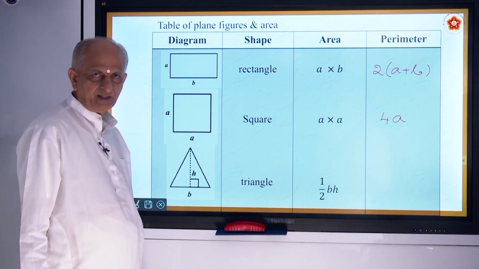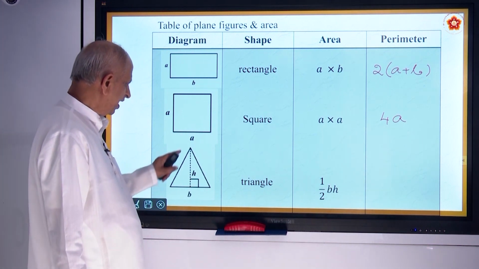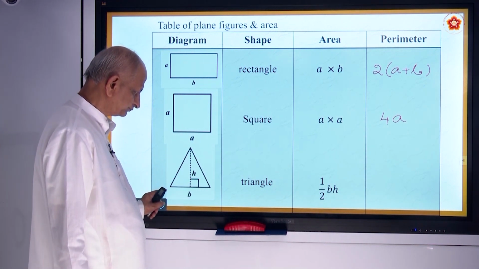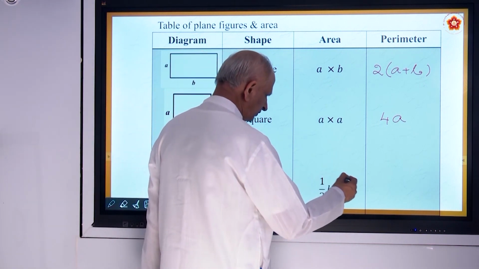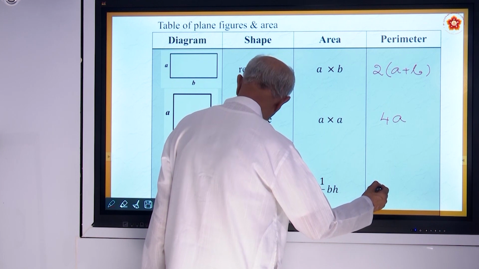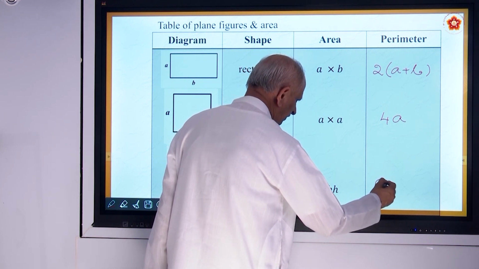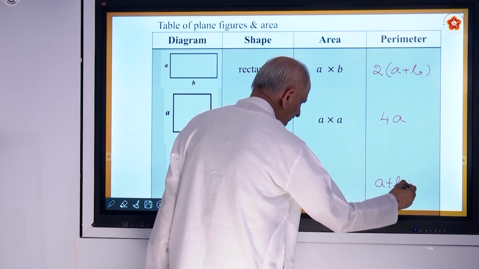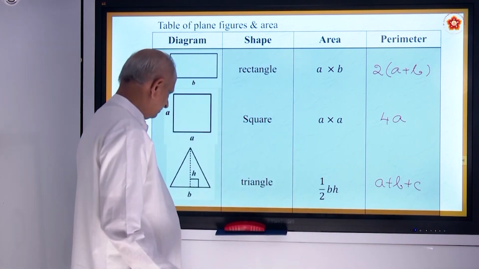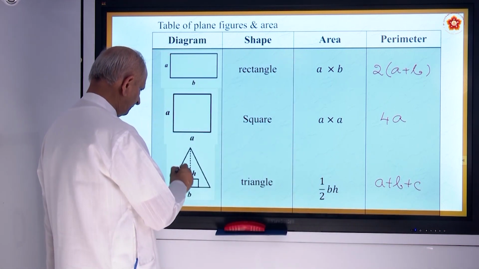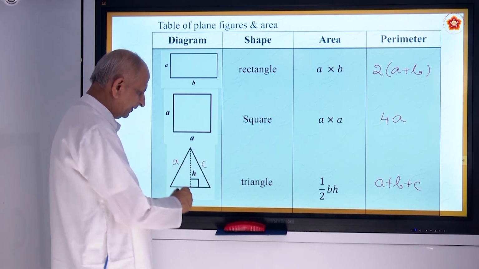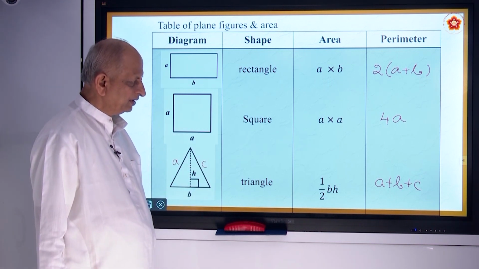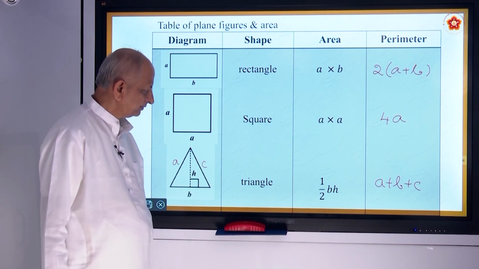In case of triangle, area is half base into height, and the perimeter becomes, if you call the 3 sides a, b, c, a plus b plus c, because it may change. This is b here, this we call a, this we call c. So a plus b plus c is the perimeter.